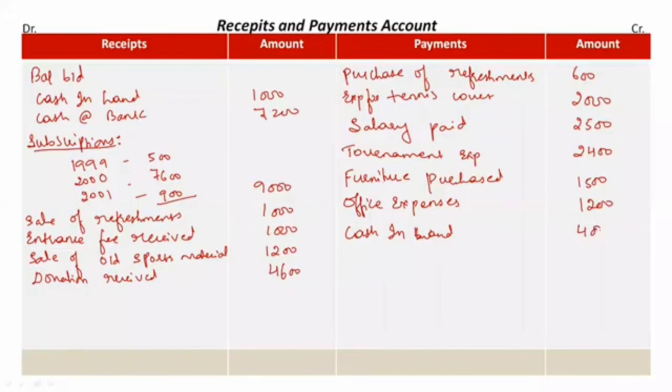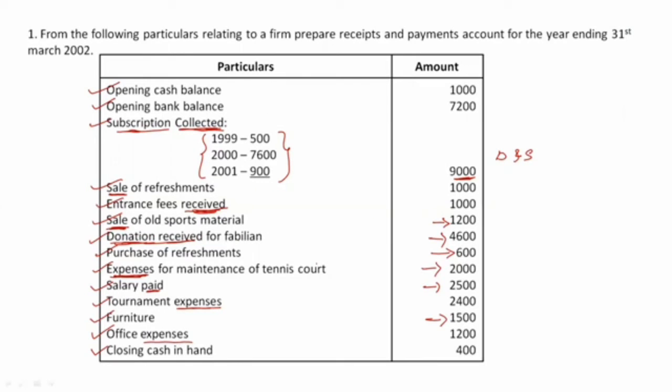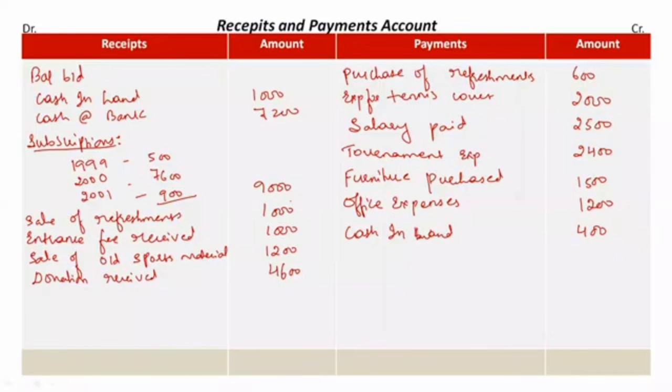Now we have to find the closing balance for cash at bank. So how will we do it? Now see here, from the question all the items have been taken irrespective of their nature, irrespective of the time period. We have just divided all the items as receipts or payments. So after dividing, we have this particular account here. Now what we have to do is total both the amount columns and see which side is bigger.